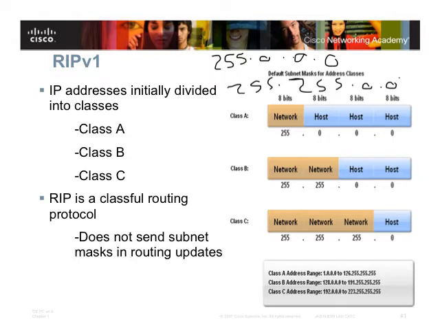So when RIP receives the route updates, it should try to guess what the subnet mask is in case the IP address in the route update is classless.